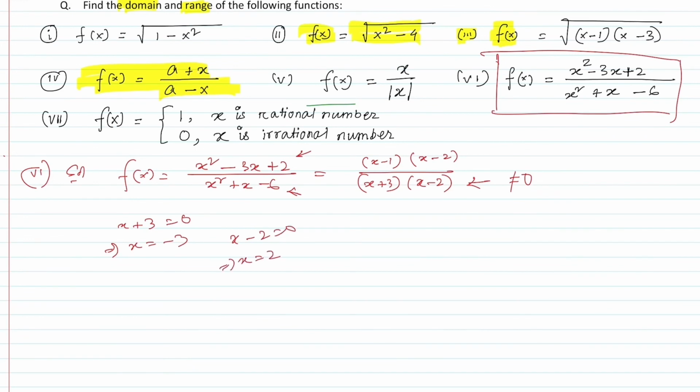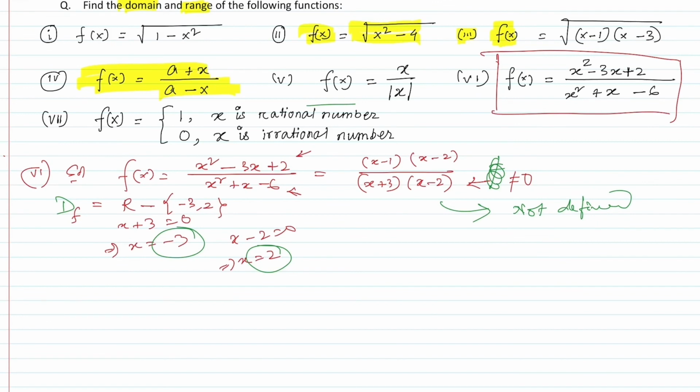So for these two values of x, the result is not defined. That's why the domain of this function must be the set of real numbers minus the set containing minus 3 comma 2. So this is the domain of this function.